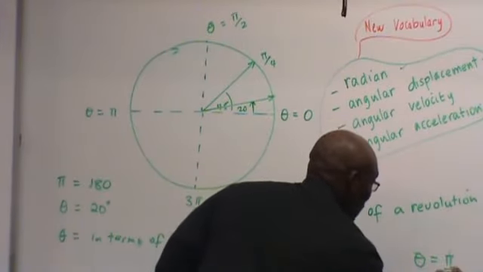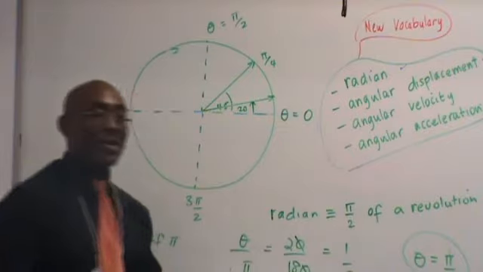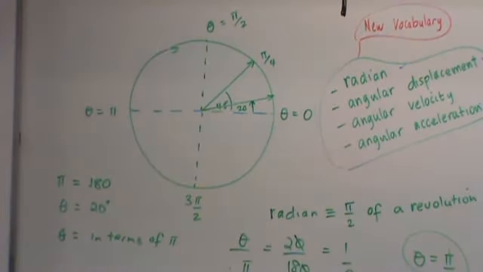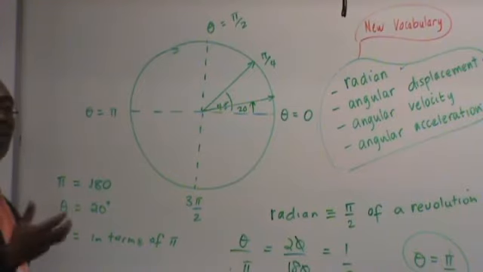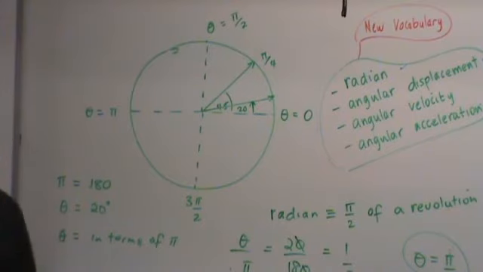So it's not always going to be those nice 45 degrees and 90 degrees and 30 degrees, okay? You got to know how to do this regardless of the angle that you are given, because in this section, when we talk about displacement, we're talking about displacement in terms of radians, not degrees. Follow me?